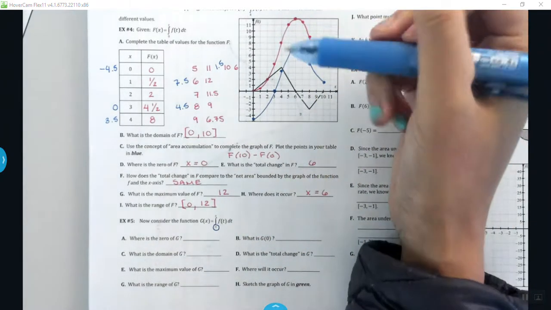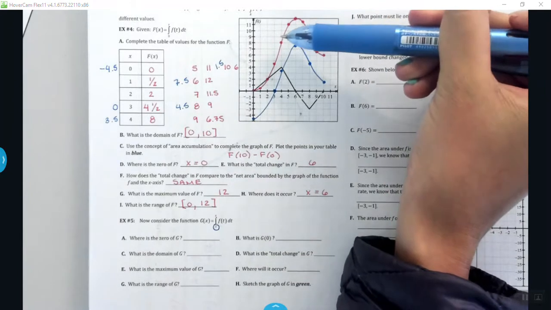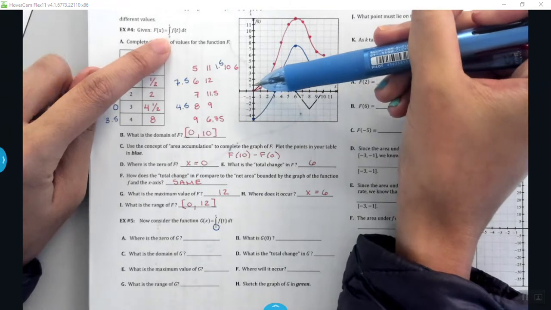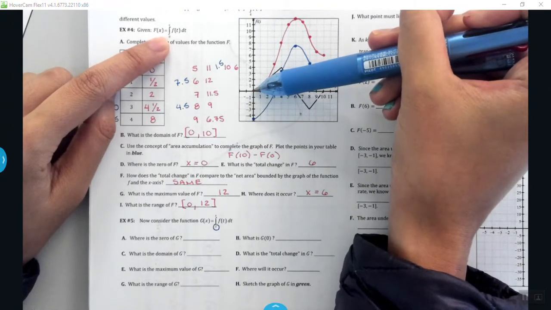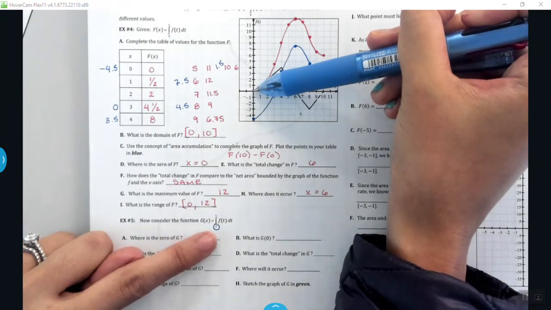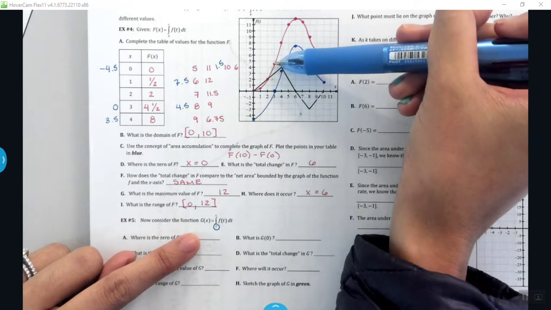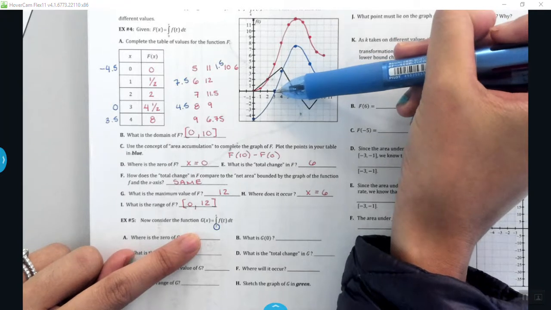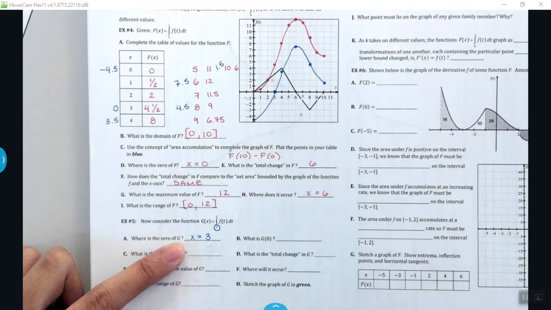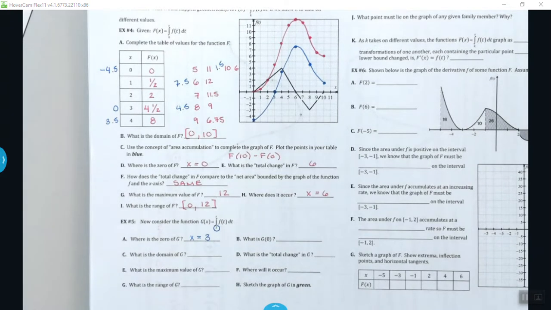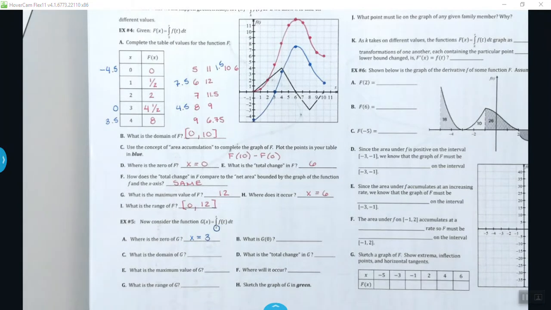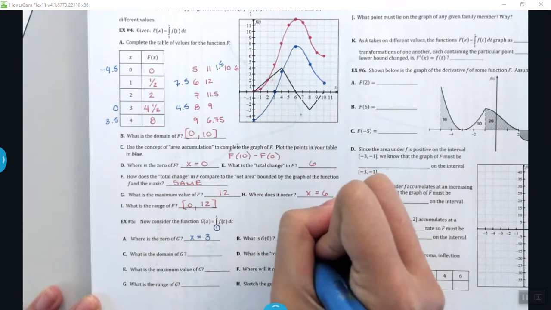The only difference was where my 0 is. So for this one, when I start at 0, then my 0 is at (0, 0). But when I start at 3, then this whole graph moved down and x equals 3 became the 0 of g. It's the same exact graph, just shifted up or down. G of 0 is now negative 4.5.